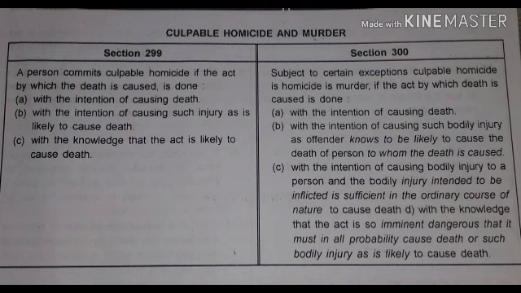For example, when a person A was killed by B, the question arises whether it is murder or culpable homicide. The difference between culpable homicide and murder is the gravity or intensity of the act.